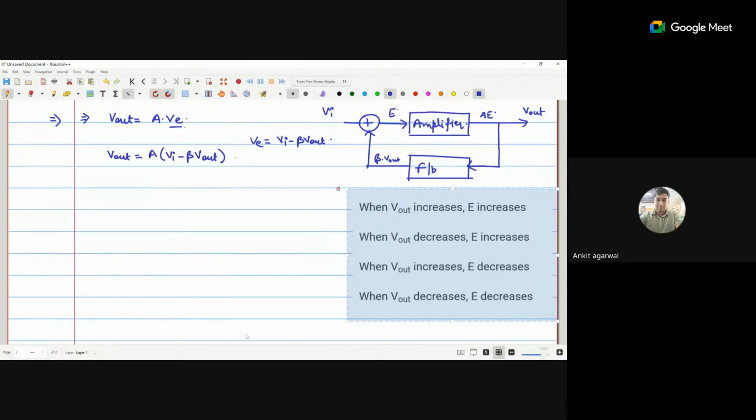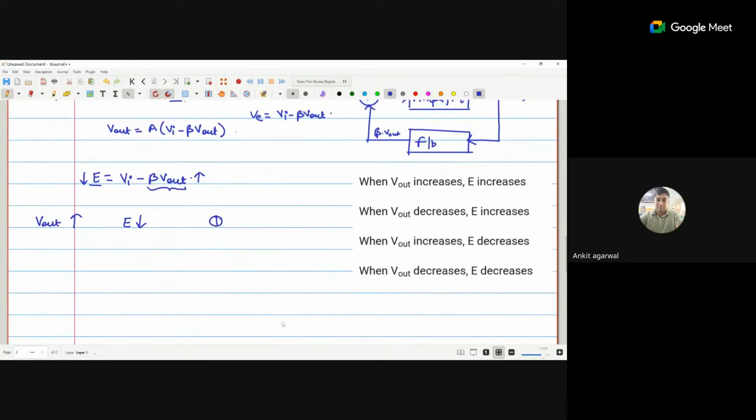Now, if I say there are two particular terms created, E is equal to Vi minus beta times V out. Okay. So if V out increases, we can say E decreases, because V out increases, so this component will increase, and if this component increases, the overall E will decrease. So this is the first condition.